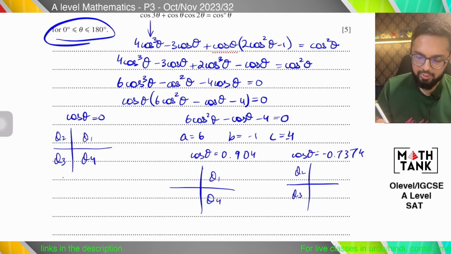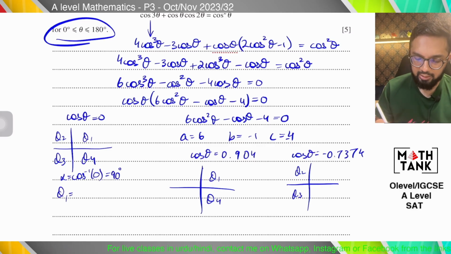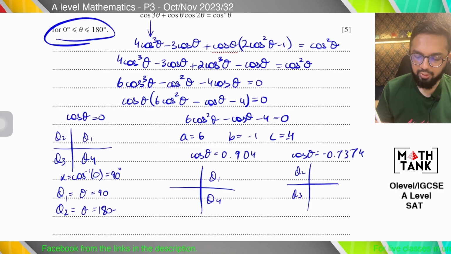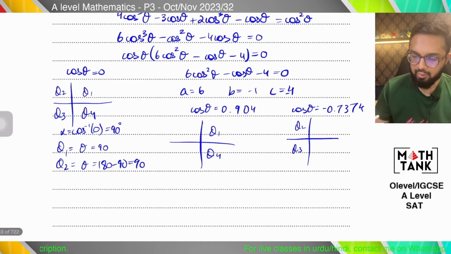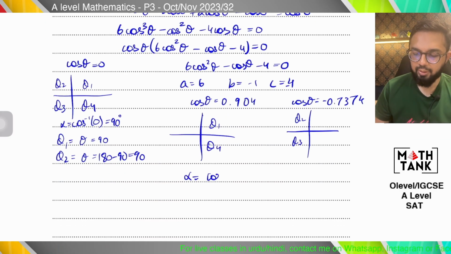So alpha, cos inverse of 0, is 90 degrees. So quadrant 1 is 90, quadrant 2 is 180 minus 90. That's a repeated root, so that's also 90. Then alpha equals cos inverse of 0.904.